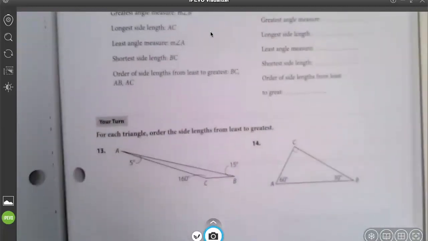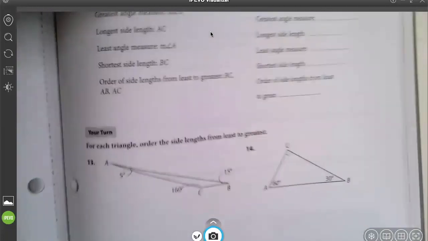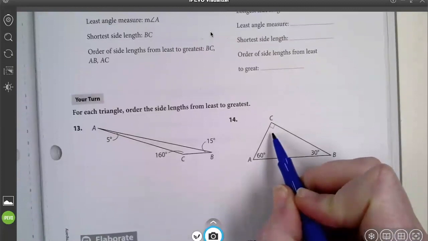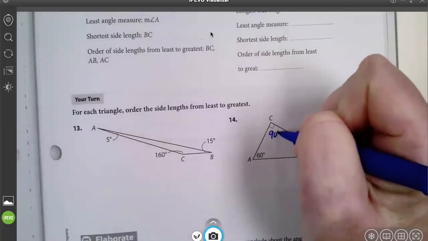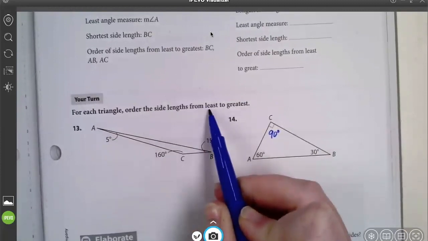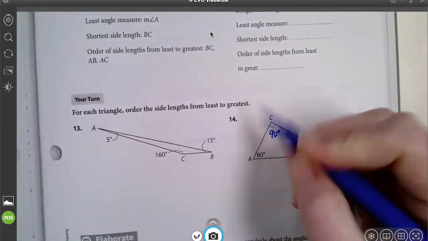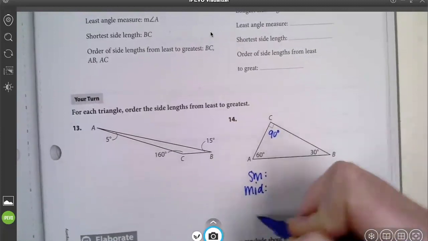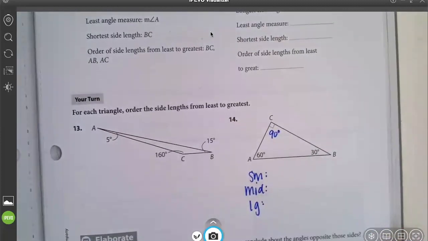Like I said, we're working backwards. On number 14, this is of course a 90-degree angle, and our instructions say to order the side lengths from least to greatest. So I want my smallest, then my middle, then my largest.